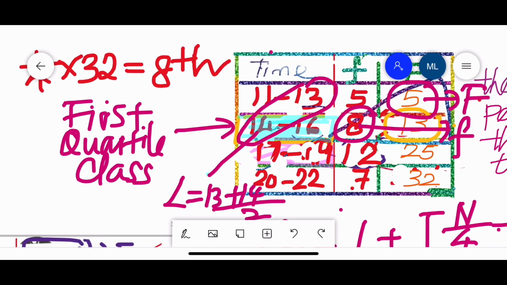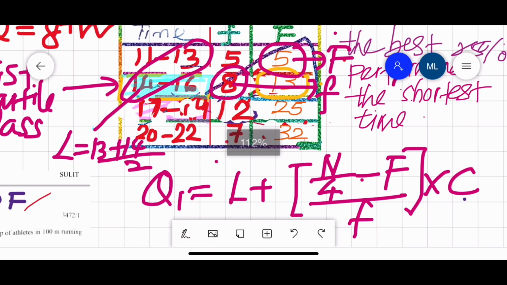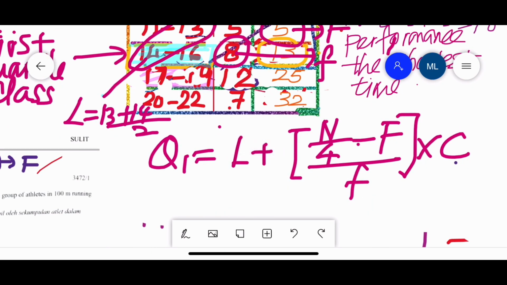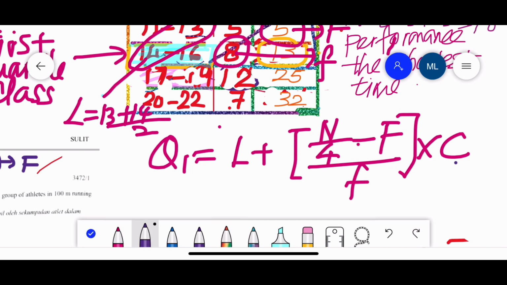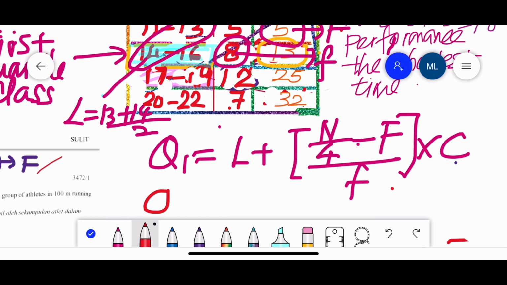Still remember, I taught you how to do it in the previous video. You have to draw a triangle to connect the big F and small f. So now you just substitute all the information into the first quartile formula. Then you will solve it carefully.